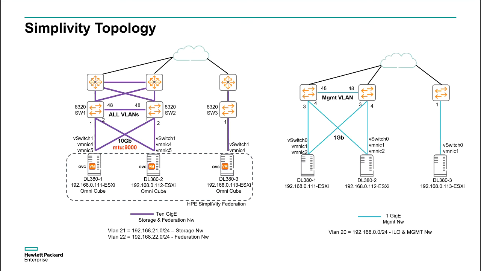Here are some of the Simplivity Federation terminology. HPE Simplivity OmniCube is essentially an ESXi server with storage that is added to vCenter data centers and clusters. HPE Simplivity Federation is one or more OmniCubes deployed together as a cluster.